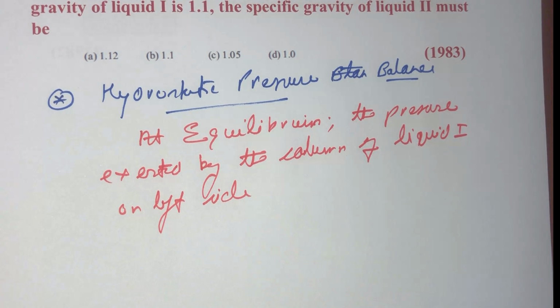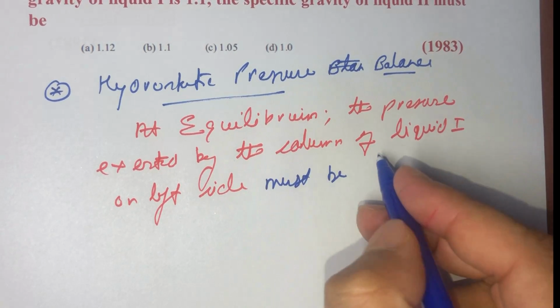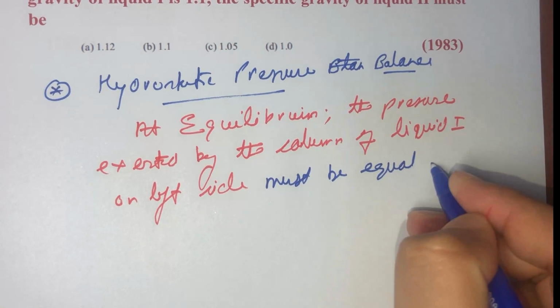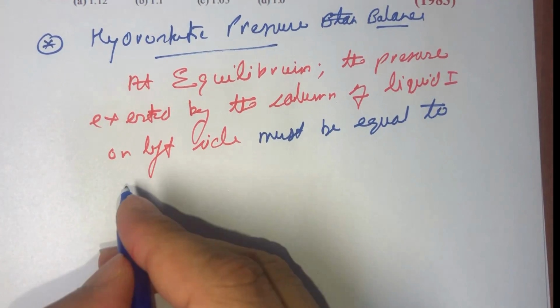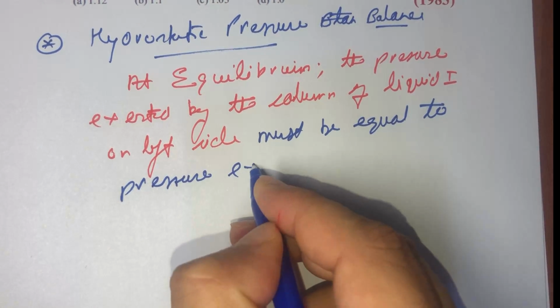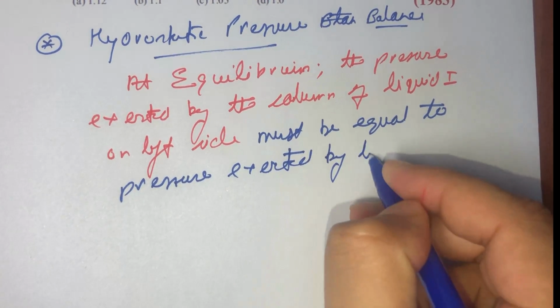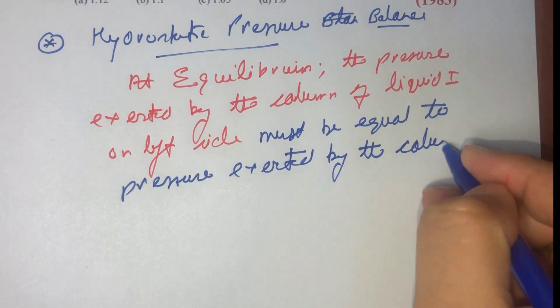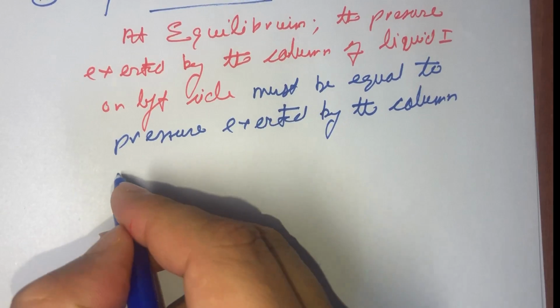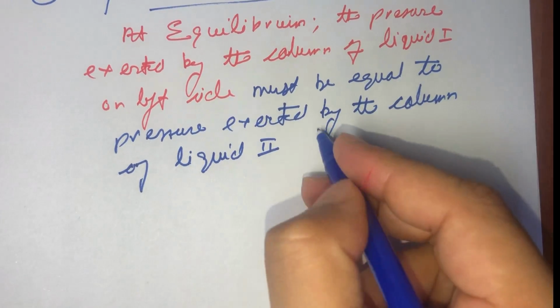so at equilibrium, the pressure exerted by the column of liquid 1 on the left side must be equal to the pressure exerted by the column of liquid 2 on the right side.